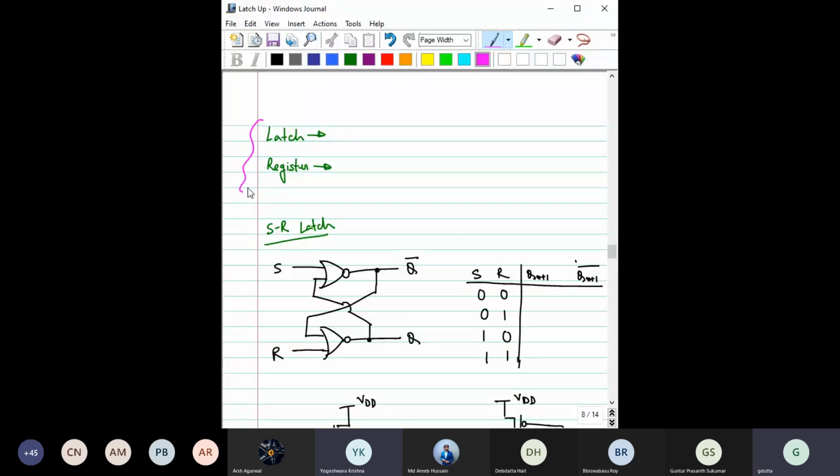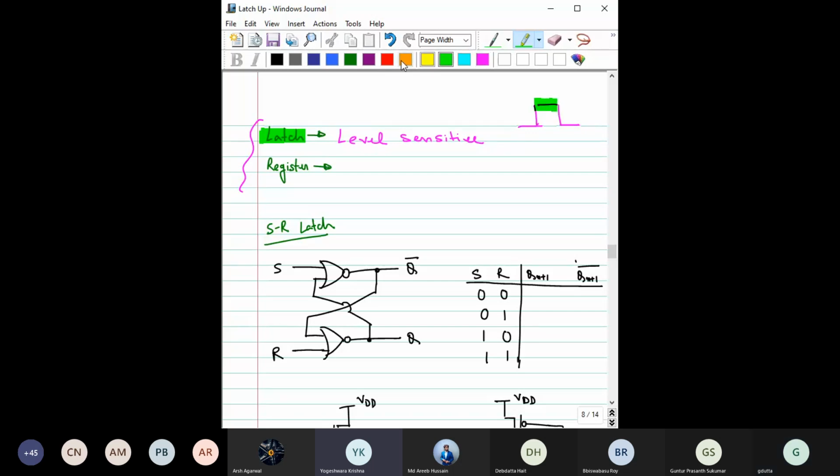These latches are level sensitive. That means if you have a clock pulse or an input like this, then the latch would be sensitive to this region.